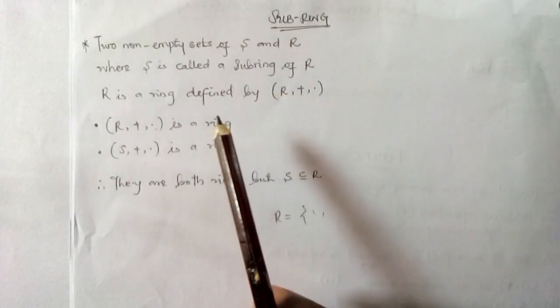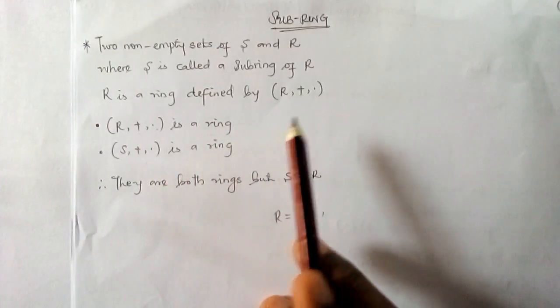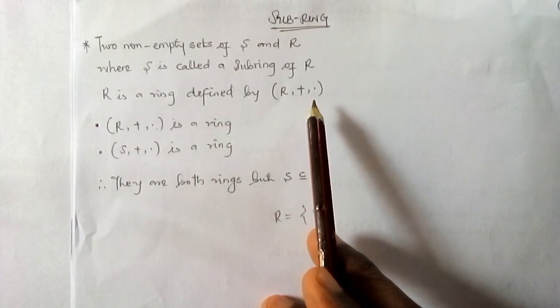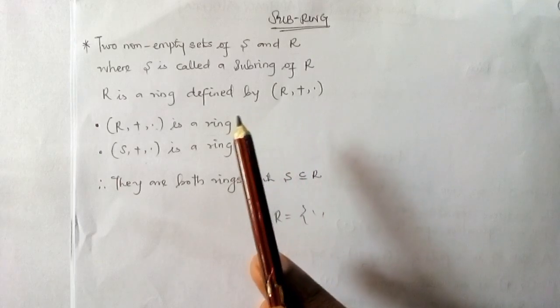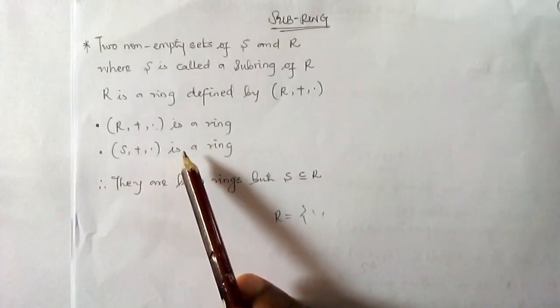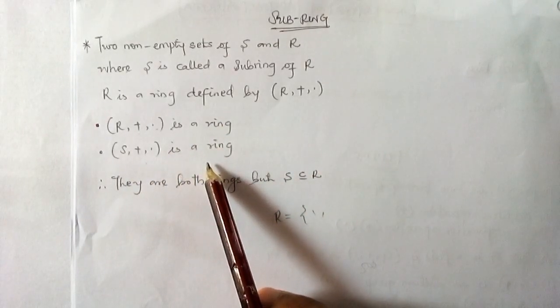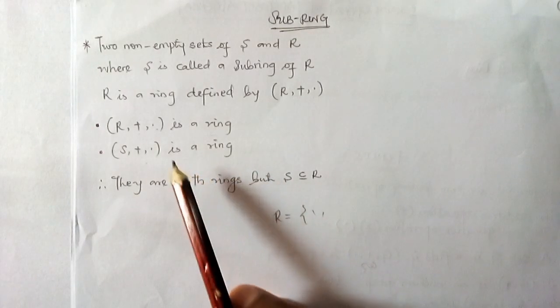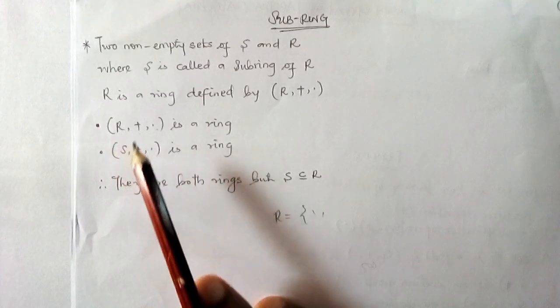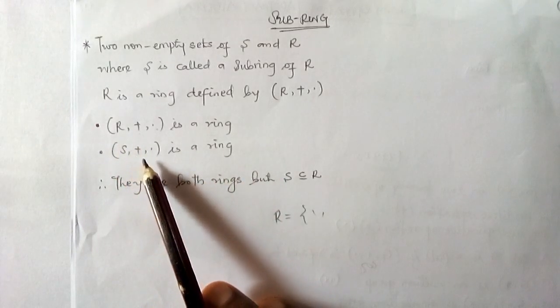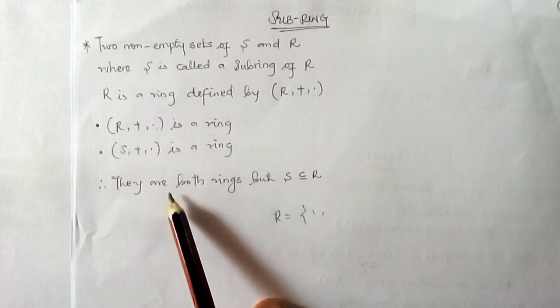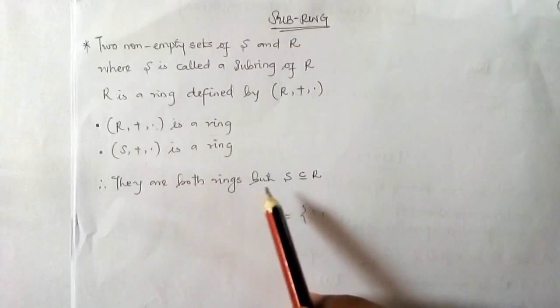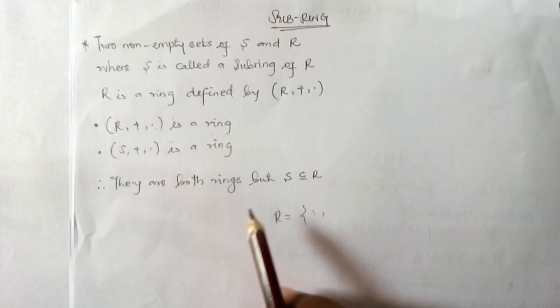S must also be defined on the same operations. S is a ring, and it is a subgroup contained in R, so it is called a subring of R because they are both rings.